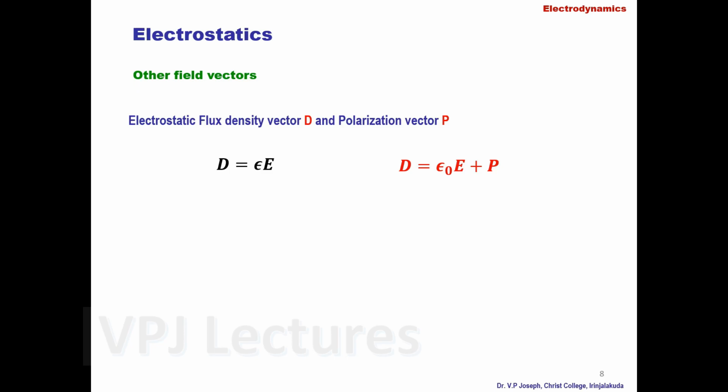That means when a dielectric material is placed in an external electric field E, what happens is, say this is the direction of the field vector, we can assume a positive charge here and a negative charge here. A positive here means polarization, and negative polarization accumulates here.